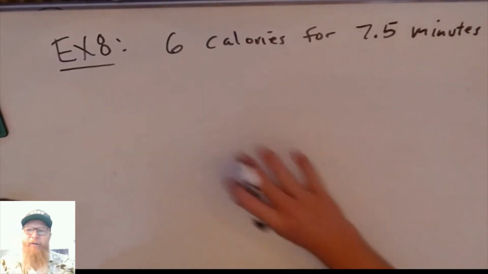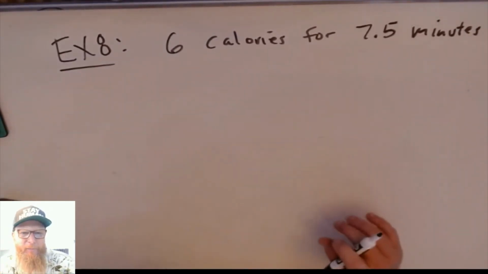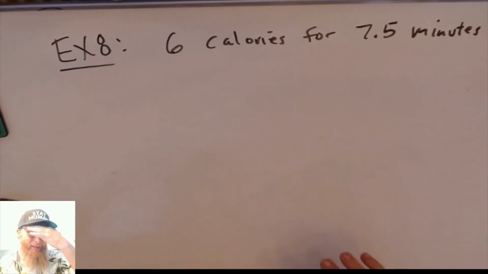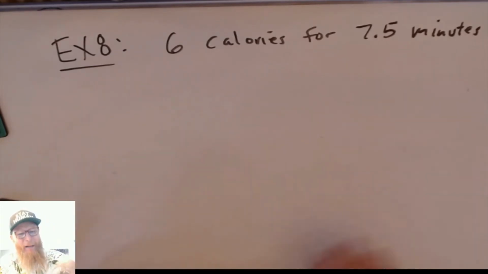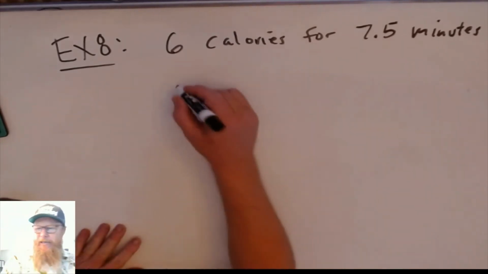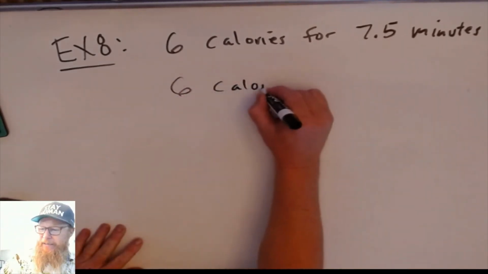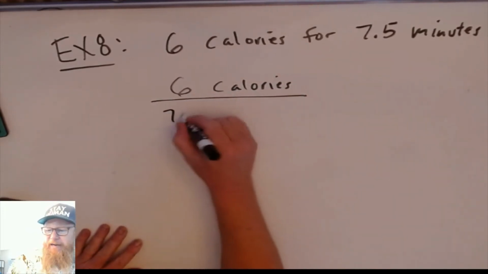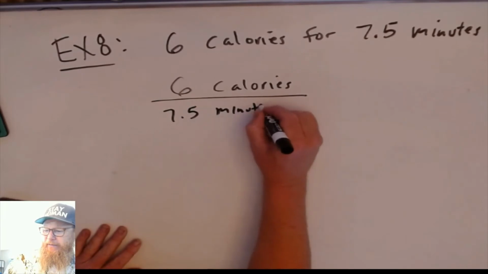This is one that I really need to work on, with my being at home for the last 8 months. I got to track how many calories I'm consuming, or how many calories hopefully I'm burning if I'm out on my exercise bike, which I haven't been using enough. Okay, so we got 6 calories per 7.5 minutes.